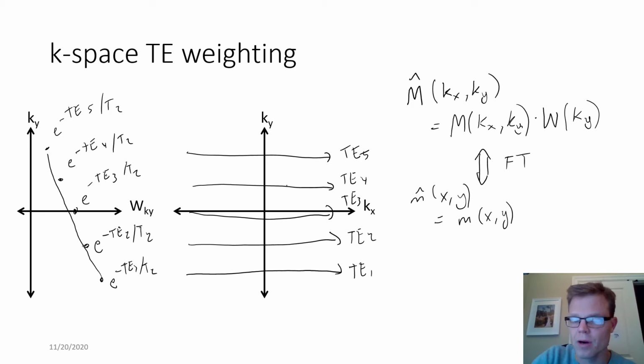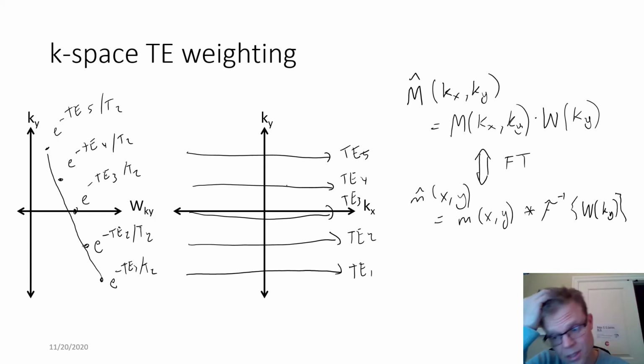It's going to give us our ideal or perfect image, but convolved with the Fourier transform of this weighting function. And I put this in a very general sense here. So this applies for this exponential weighting, but there's other phenomena we could apply this to as well.